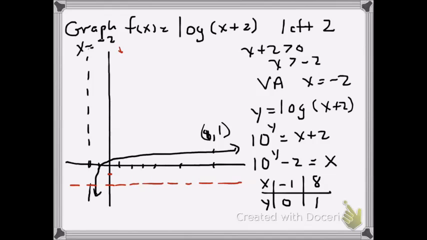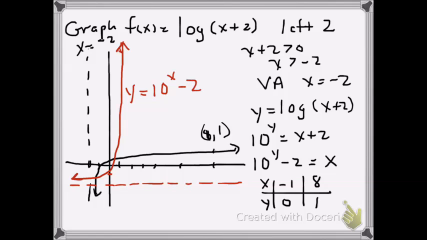Then our exponential function, which is the inverse of the log function, will be an increasing function, like so. I'll write that function in red: y equals 10 to the x minus 2.